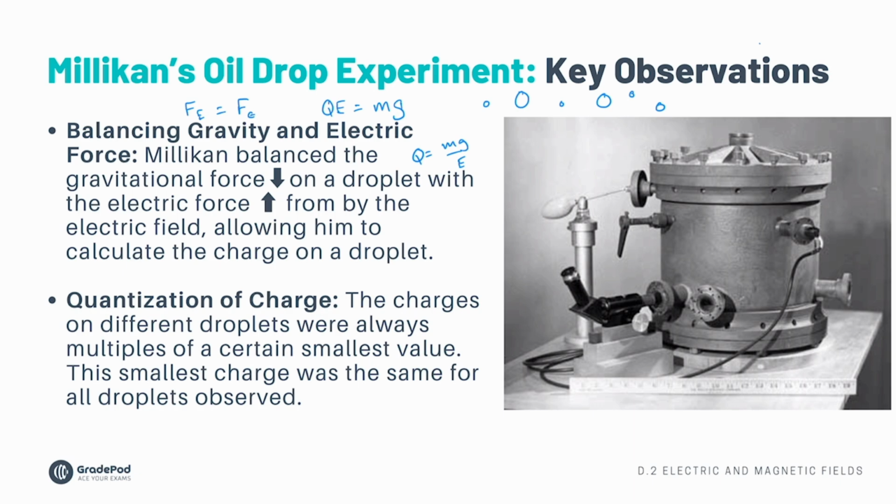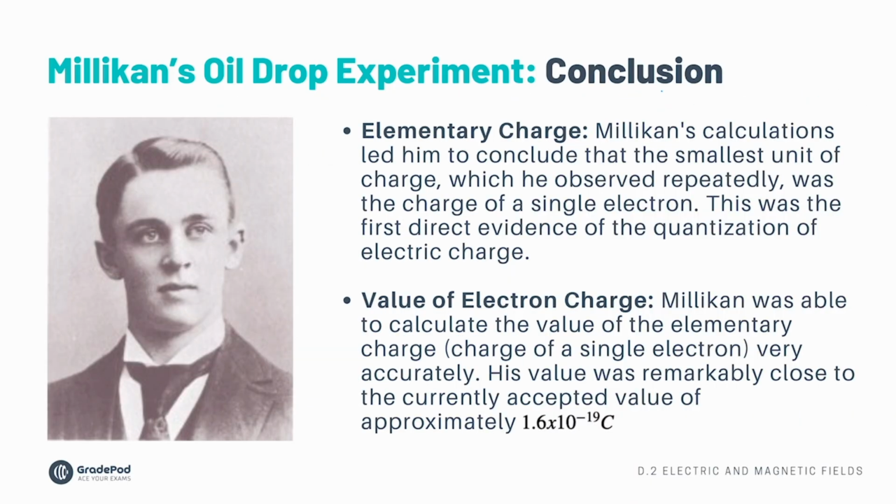And what he found was that the charges on different droplets were always multiples of a certain smallest value. The smallest charge was the same for all droplets. So say he had all these different charges here, they were all a multiple of this initial and fundamental charge. And I think you know what that initial and fundamental charge is. It's called the elementary charge.